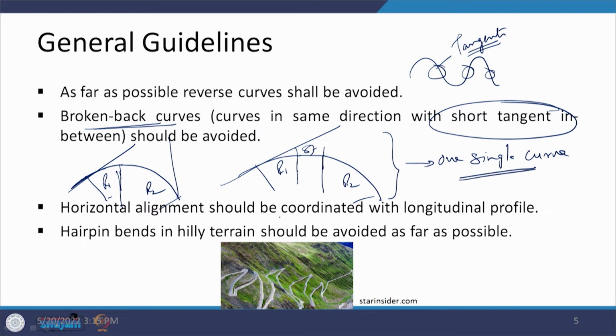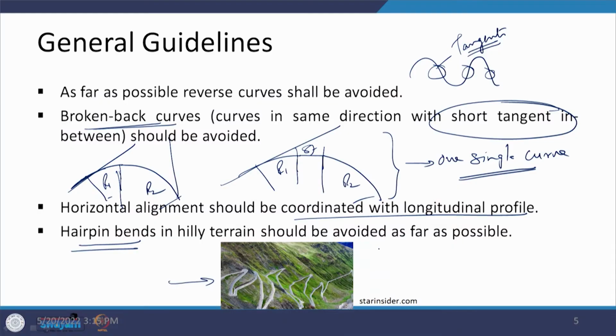Then horizontal alignment needs to be coordinated with the longitudinal profiles, whatever longitudinal profiles are being defined. In the case of hilly terrain, one typical condition is hairpin bends as shown in this photograph. As far as possible, these hairpin bends should be avoided.